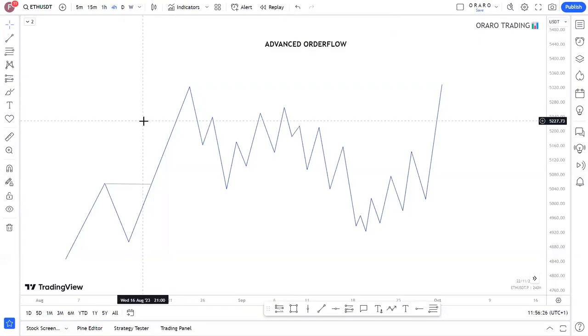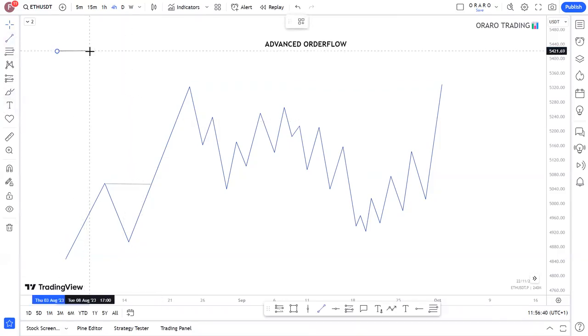Now let's move over to advanced order flow. The advanced example, and we are still going to use the same concept.